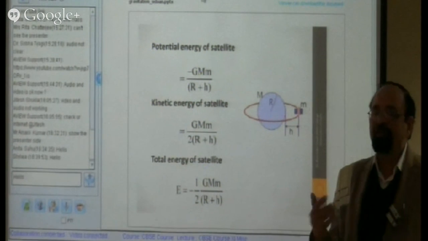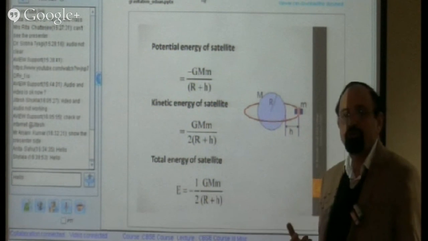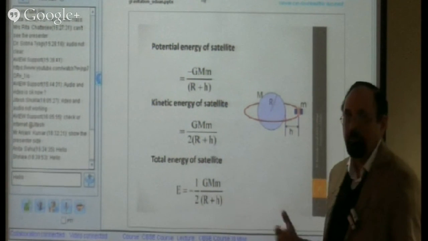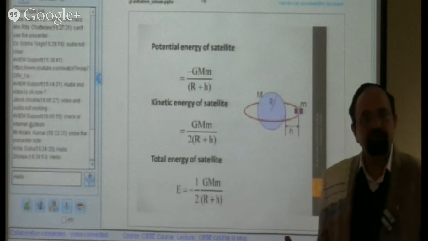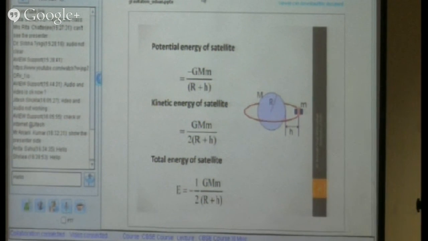If I want to make this escape from here, what do I have to do? I have to make the total energy 0, right? From this relation, let me ask a few things to have an understanding of it.